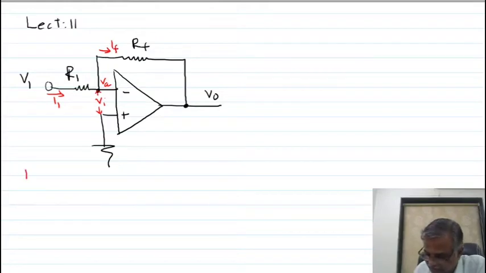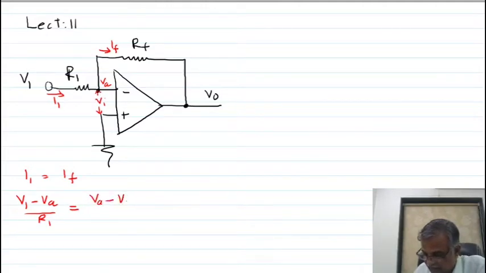So I can write I1 is equal to IF. What is I1? V1 minus VA upon R1 is equal to VA minus VO upon RF.